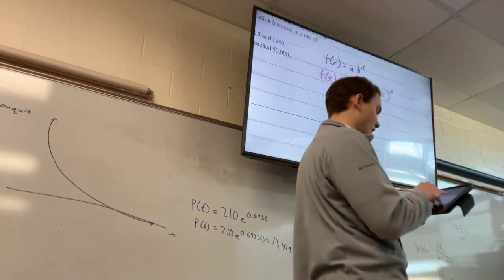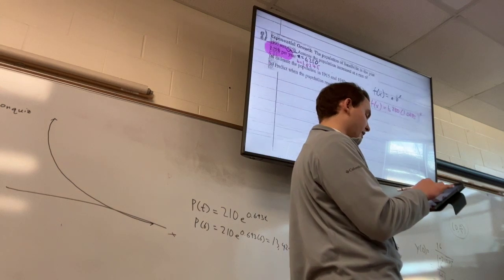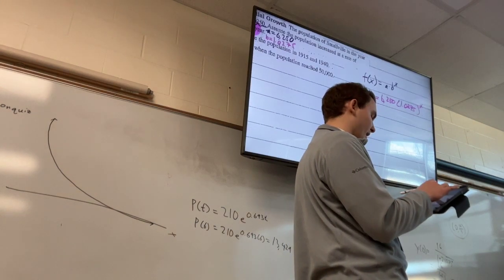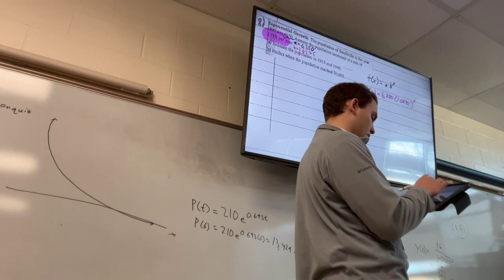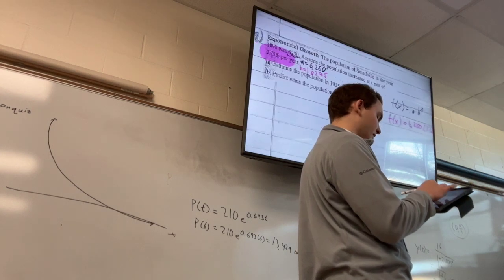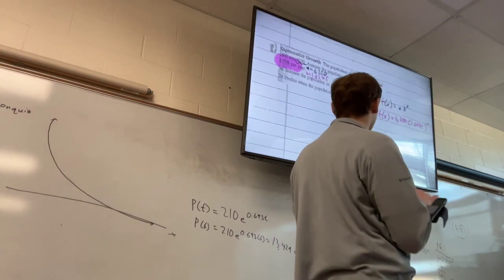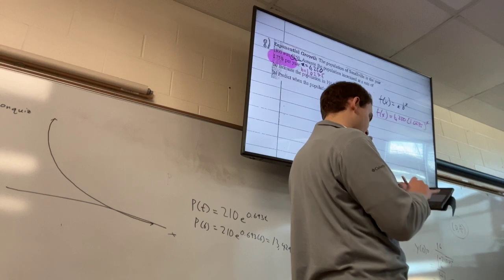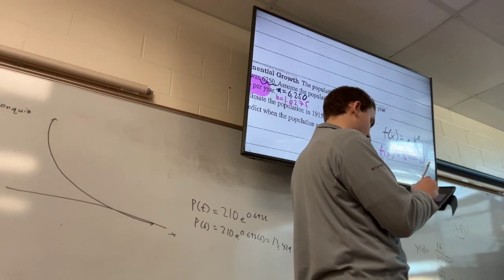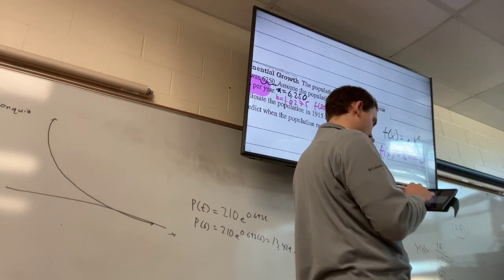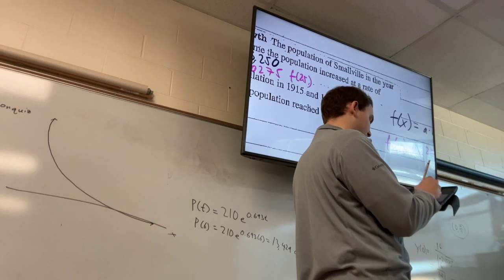That's my function. To find what the population was in 1915, I plug in what for x? If x is the number of years since 1890, then x should be 25. So this is f of 25. 1940 is going to be f of 50.